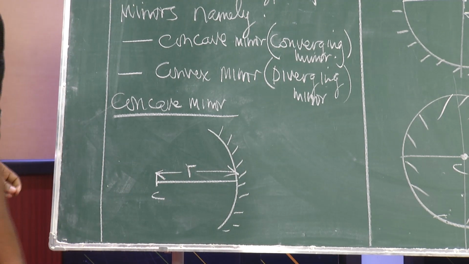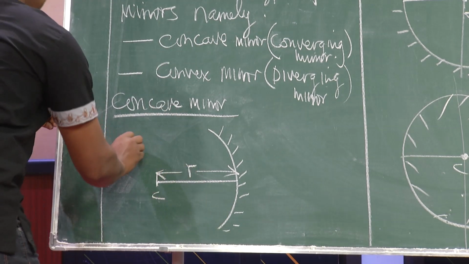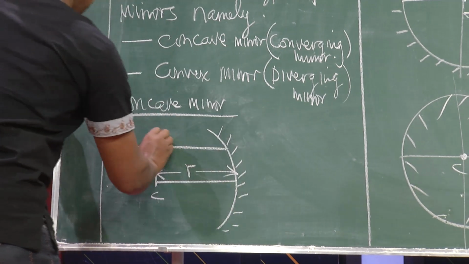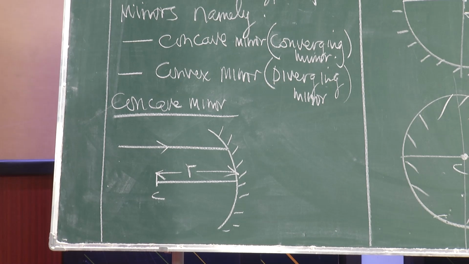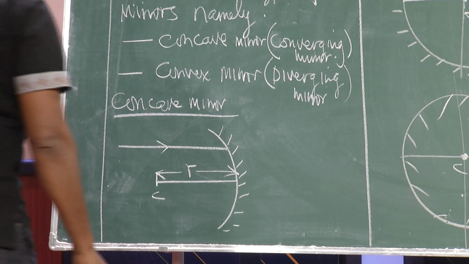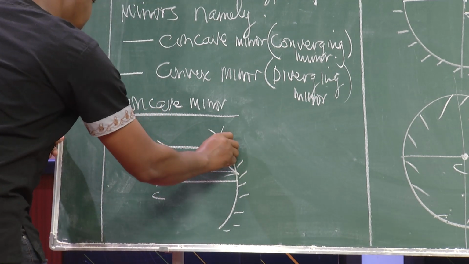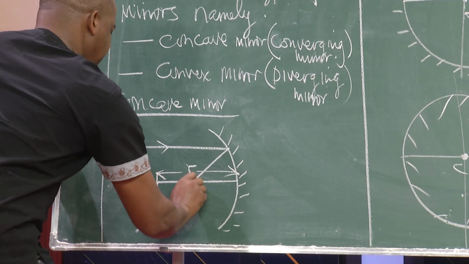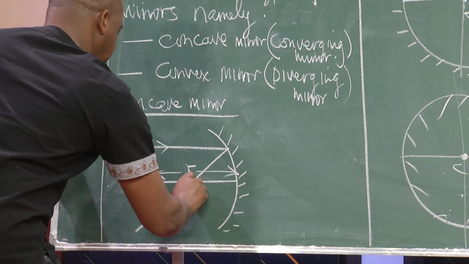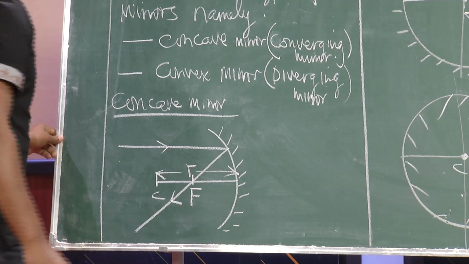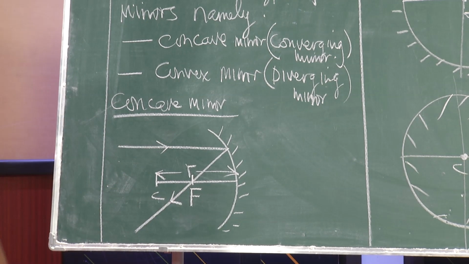And the concave mirror will affect light. How does it affect incident light? The light rays that are incident will always be reflected to pass through a point that we shall call the focal point.